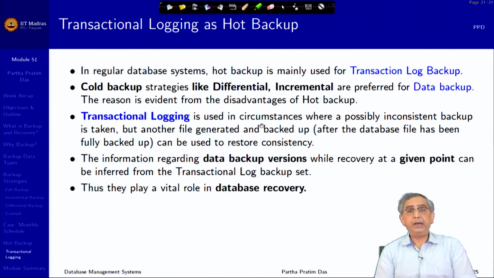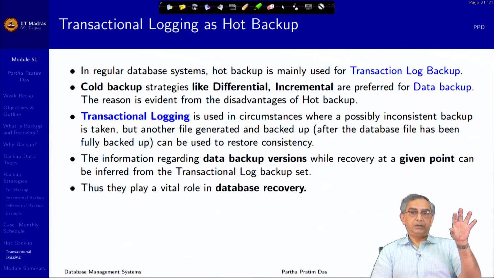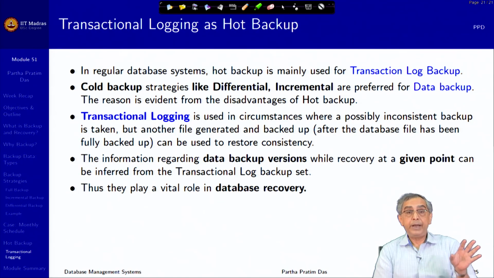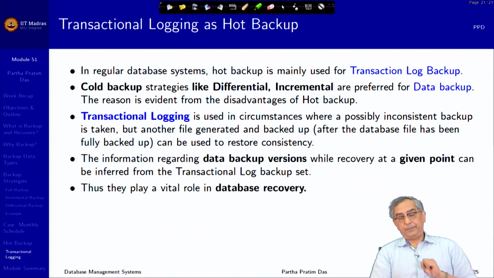So, typically the hot backup uses the concept of transaction logs, transaction log backup. Transaction logging is a mechanism, and that is what we are going to discuss in the coming modules, by which while you do the transactions, you are doing read, write, commit, abort and all that, you keep a copy of what you have done. You keep a ledger in terms of what you have done.